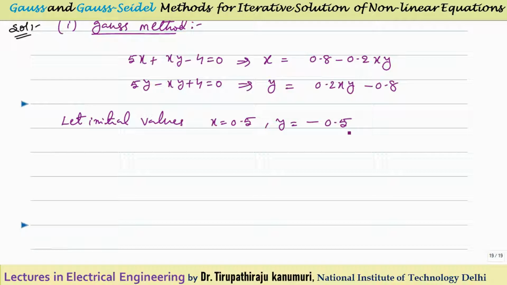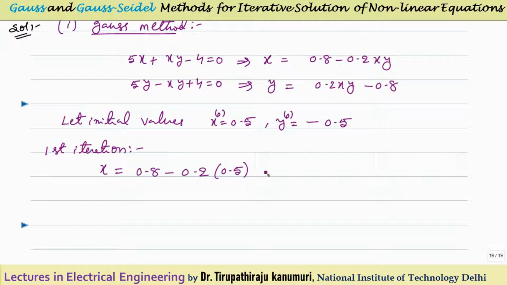So let us calculate each iteration and see. I am starting with the first iteration. In the first iteration, the value of x will be equal to 0.8 minus 0.2 times, and I have to substitute x0 and y0, the initial values as the 0th values.